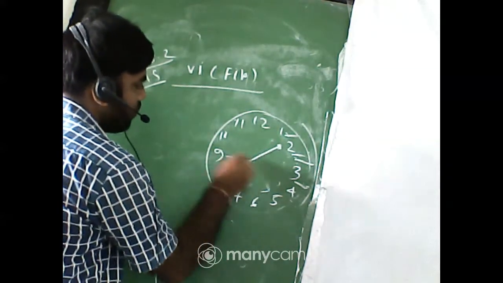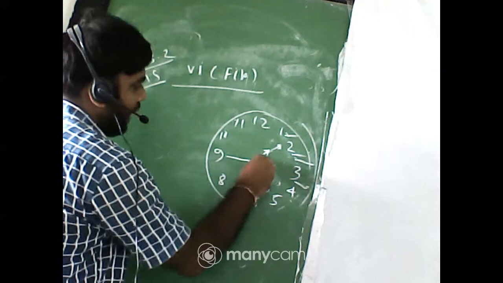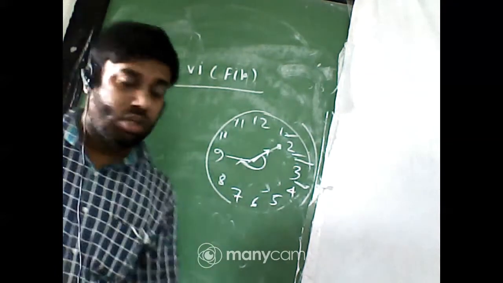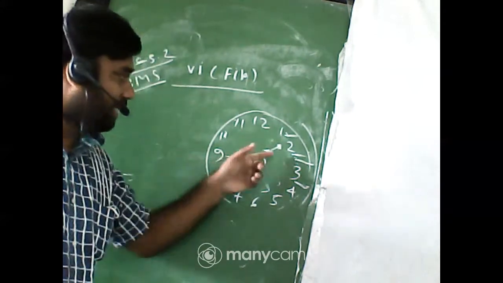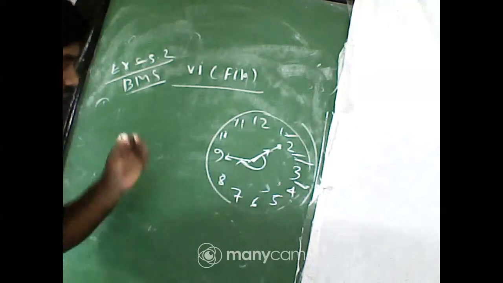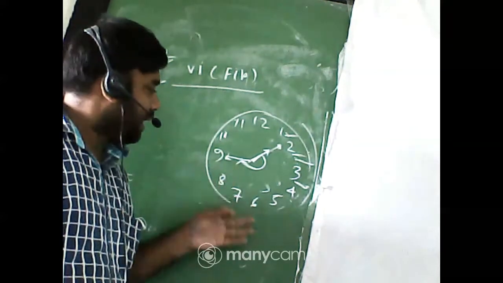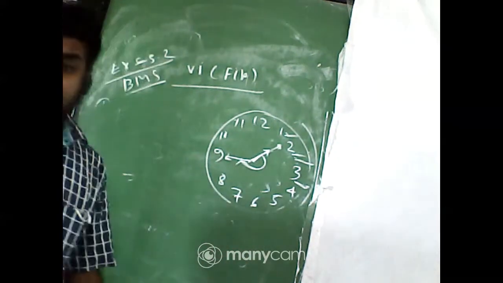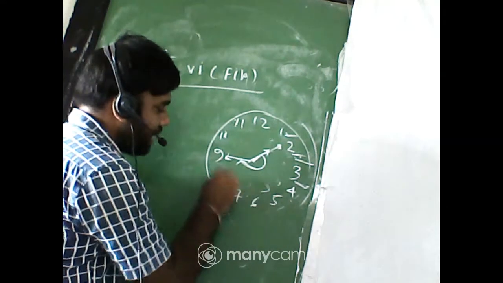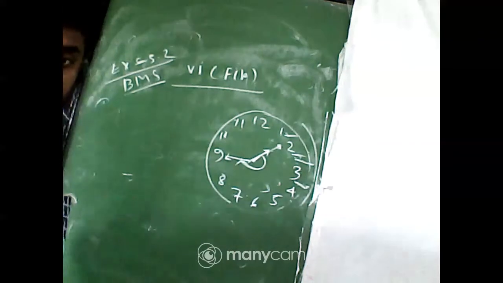2 to 9, clockwise direction. Tell me the answer. Initially at 2 it moves up to 3, then up to 9. Then what angle will it form? Fast, count the gaps. 2 to 9. 1, 2, 3, 4, 5, 6, 7. 7 gaps are there.